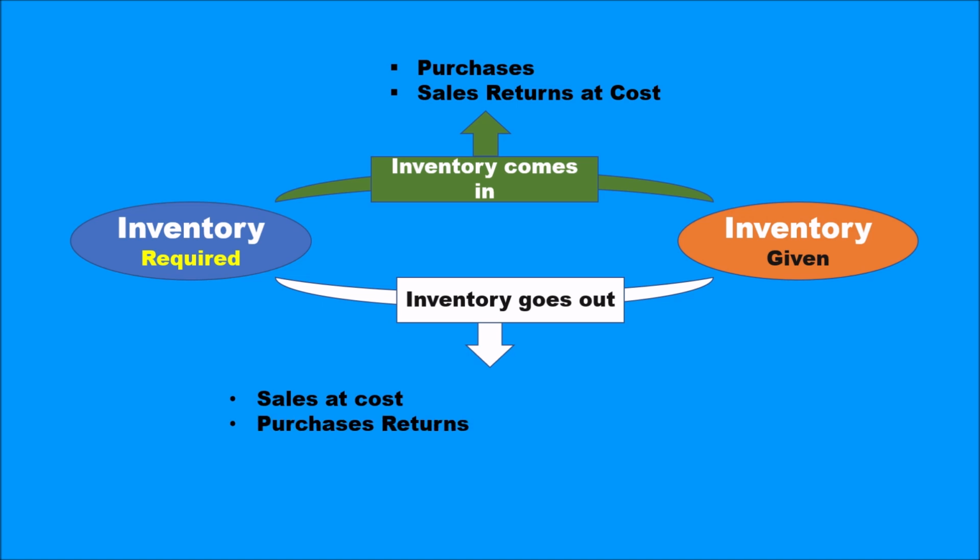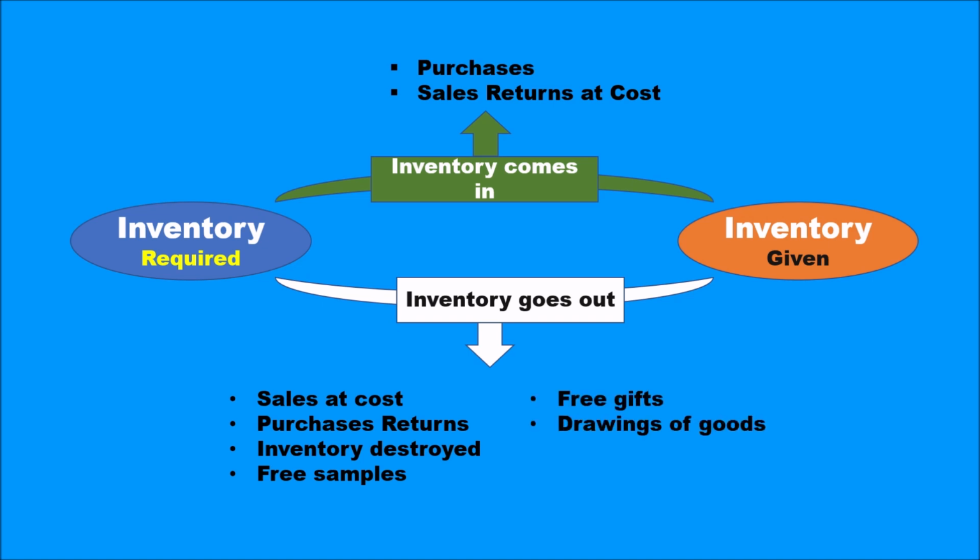Other ways inventory goes out are purchases returns, inventory destroyed, free samples given, free gifts given, drawings of goods, as well as loss in value of inventory. These are the ways through which inventory goes out, and the two above are the ways through which inventory comes in.